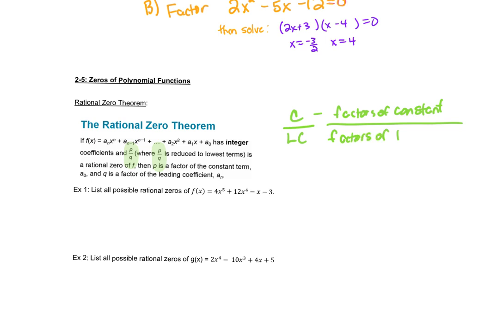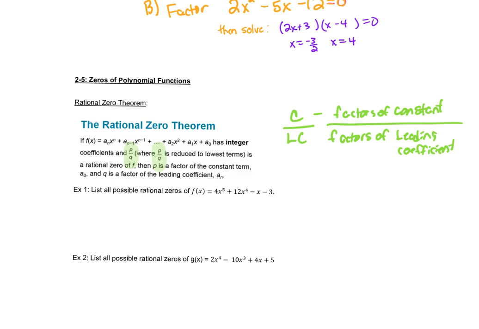That's what the LC stands for, leading coefficient. I'm trying to write and talk at the same time. It's not working well. So C for constant over LC for leading coefficient. We want to look for all of the factors of the constant over the factors of the leading coefficient.